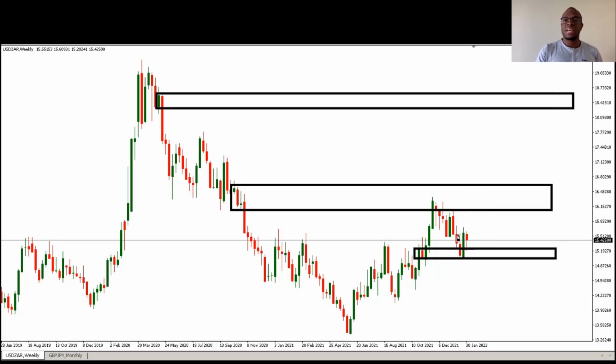Now on the bearish scenario, what we'll be expecting is that when the price moves to this supply area or resistance area, it is going to hold and be strong.